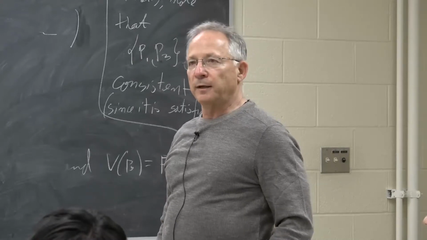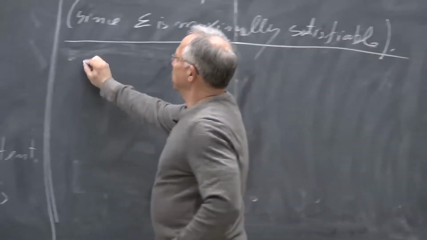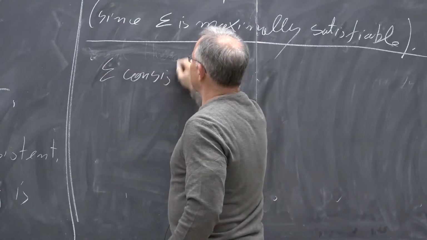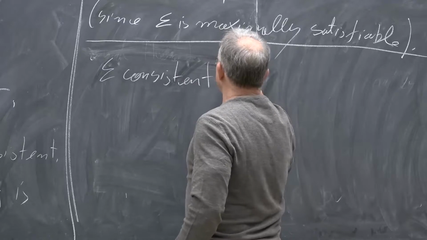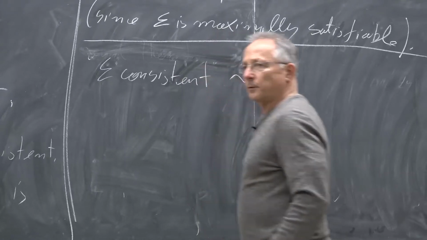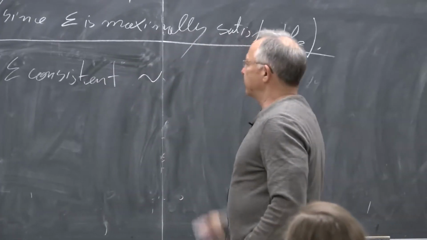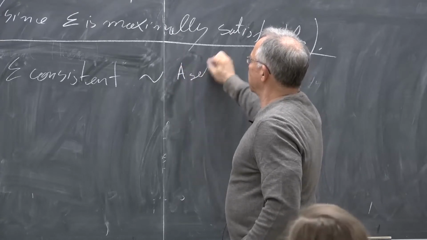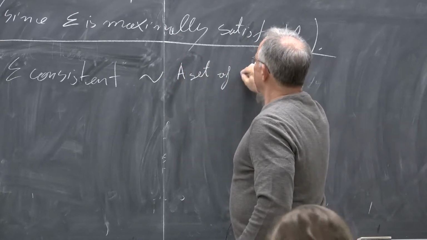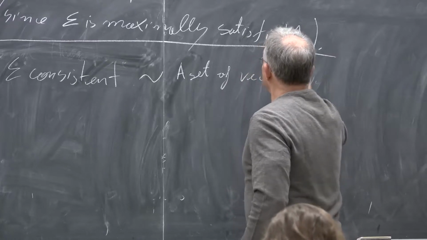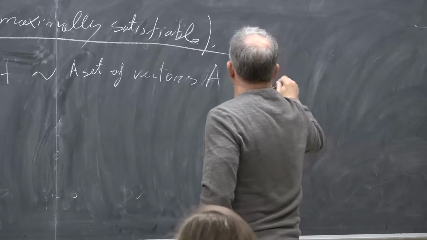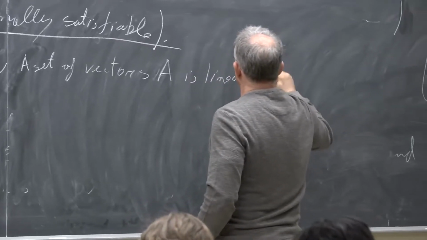And in linear algebra, we can make this analogy: saying that sigma is consistent is analogous to saying a set of vectors A is linearly independent.